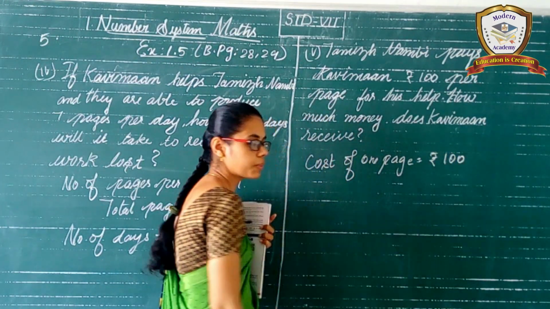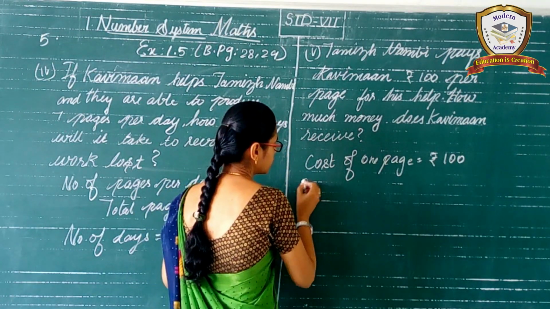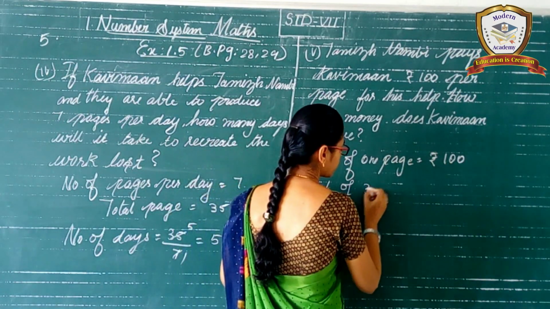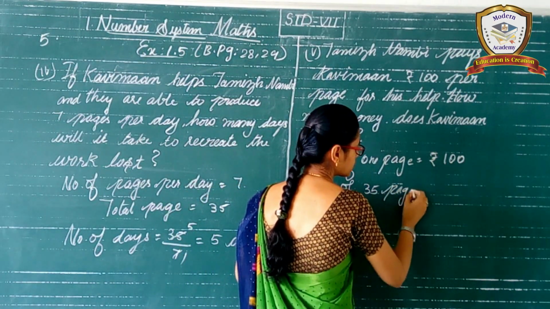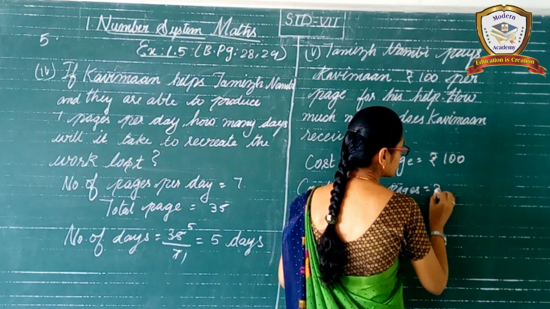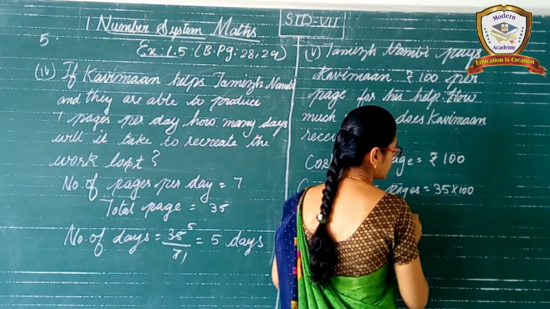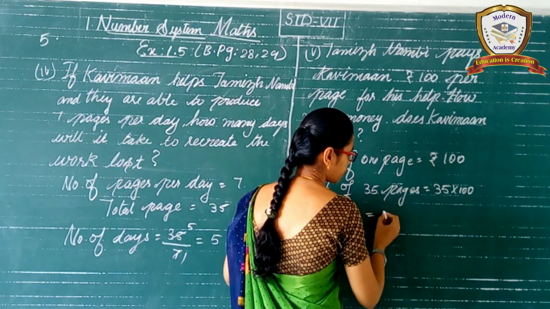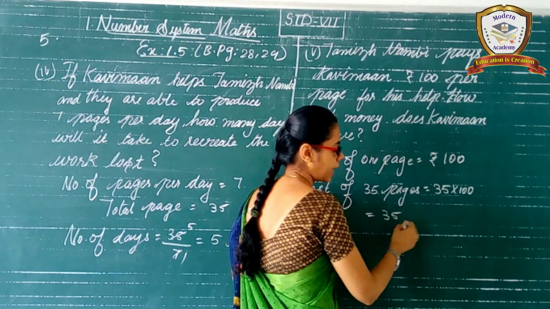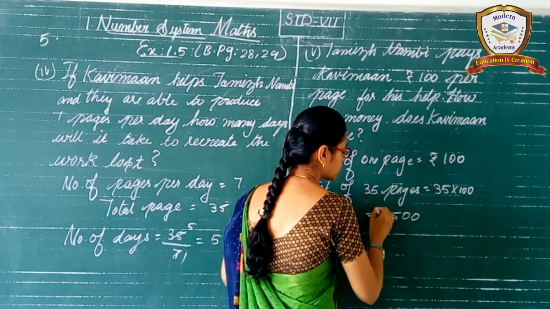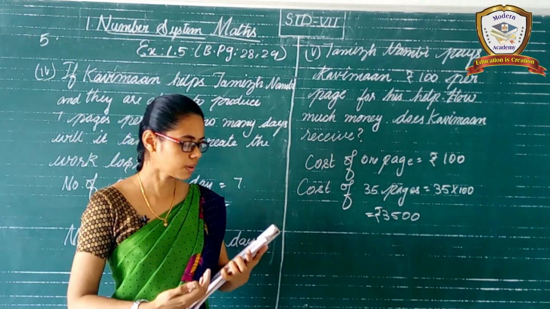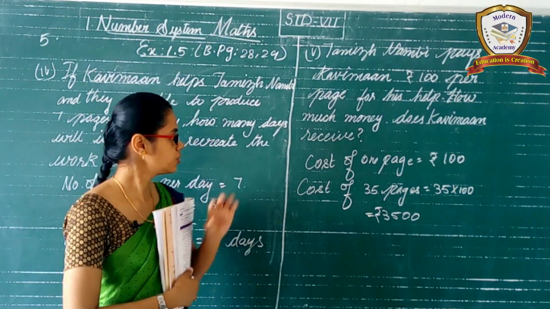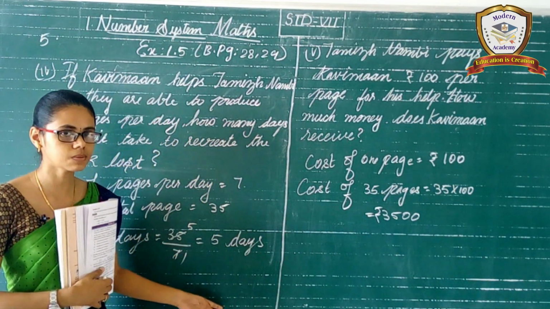Cost of total pages, which means cost of how many pages? 35 pages. So cost of 35 pages equal to 35 into 100. So 35 and remaining 2 zeros we want to add here. So totally how much amount will Kaviman receive? Rupees 3,500.